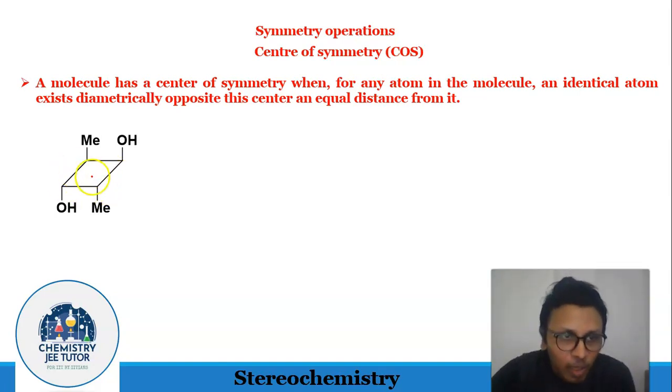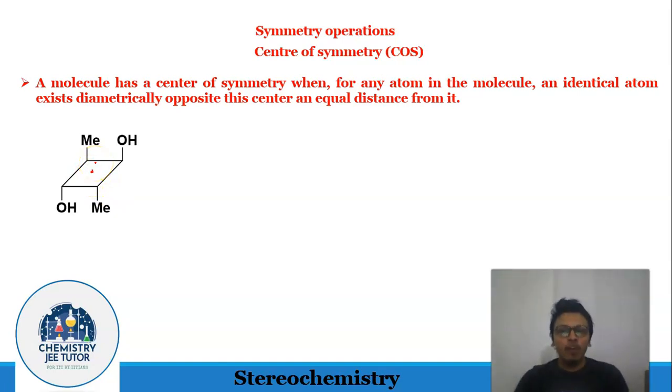If I say this is the molecule and this is the center. Whenever I talk about symmetry operations, always remember that you choose the symmetry operations, plane of symmetry which I'll talk about later, center of symmetry, or axis of symmetry, in such a way that it is symmetrical.